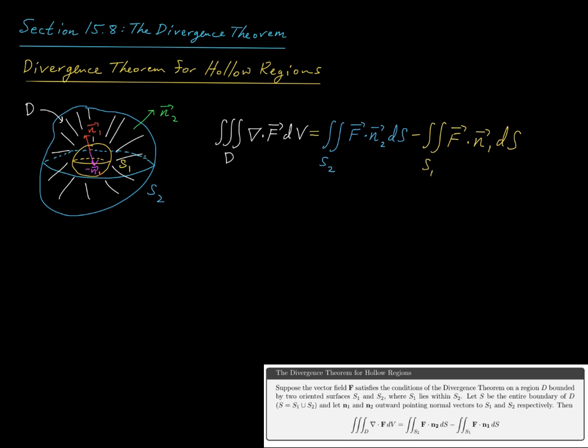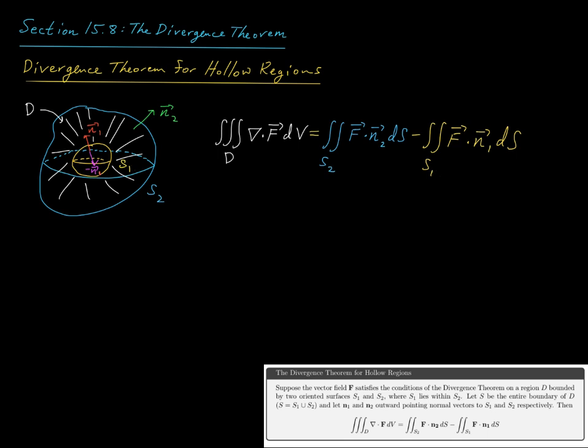Since our convention is to measure flux as positive if we exit a region and negative if we enter a region, the fluid entering through S1 will contribute a negative flux, because it's exiting this region D. And that's why here we're subtracting this yellow integral.